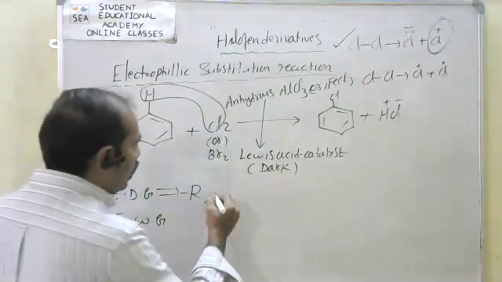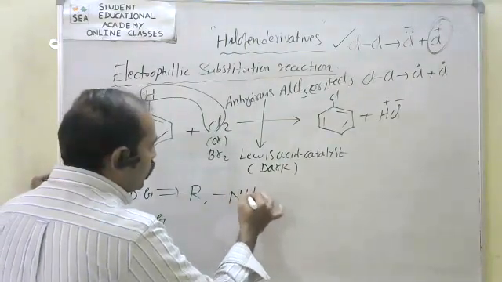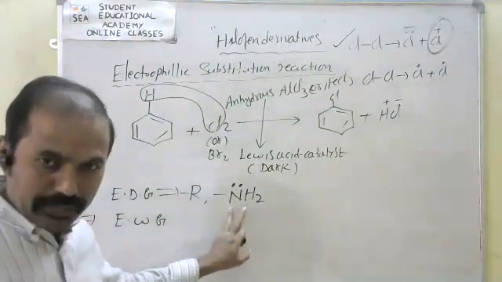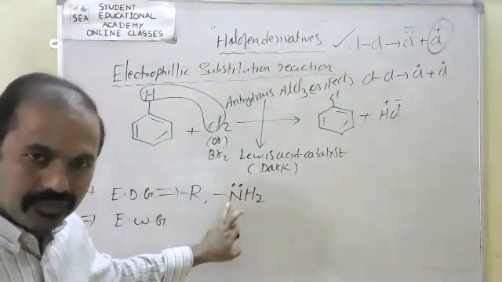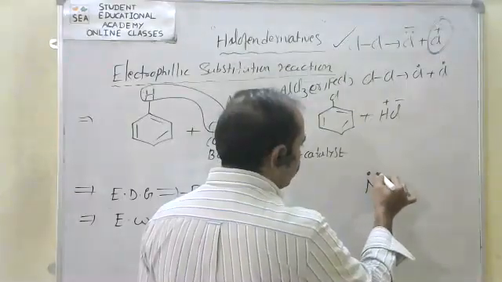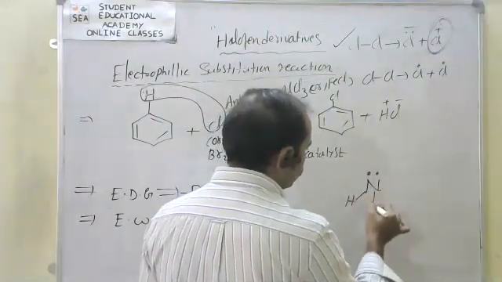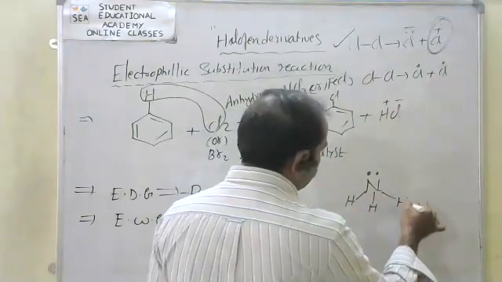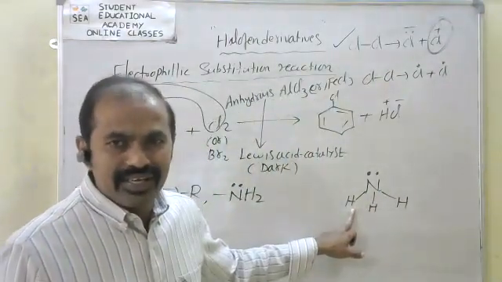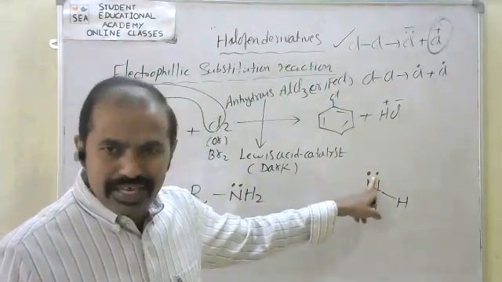For example, take NH2. NH2 means here nitrogen has one lone pair. It is an ammonia-related compound. Ammonia is NH3. Here one lone pair is there on nitrogen.